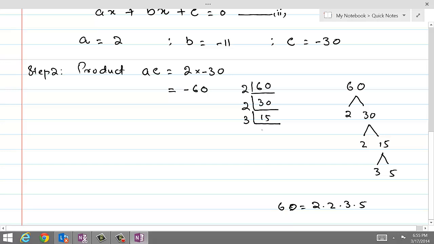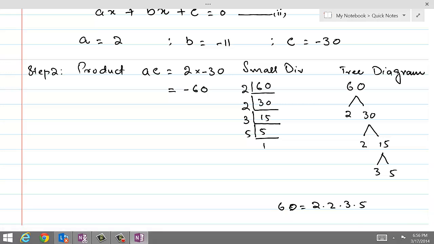Let's try 3. 3 times 5 is 15, and 5 is a prime which is divisible by 5 only. Whether we use the tree diagram method or small division, whichever method we use for finding prime factors of 60, we reach the same factors.